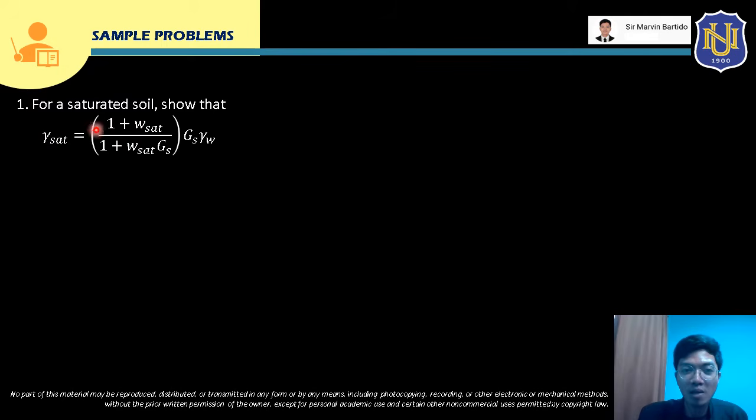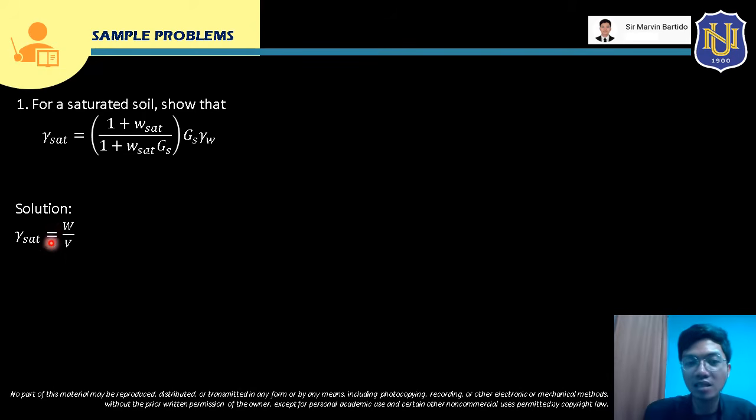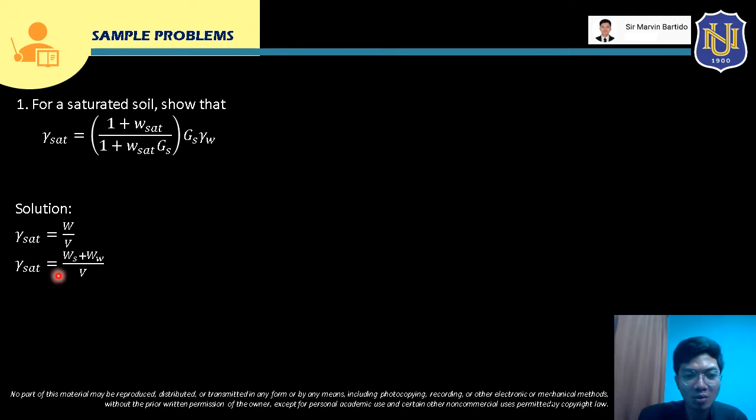Tapos, papalabasin natin ito. Okay, so to solve this, yung gamma sat class, 'di ba, ang formula natin dito class ay weight over volume. Wherein yung weight natin class, yan ay weight ng soil solid tapos weight ng water, over the total volume. Okay. So from here class, kailangan magawa natin ganito.